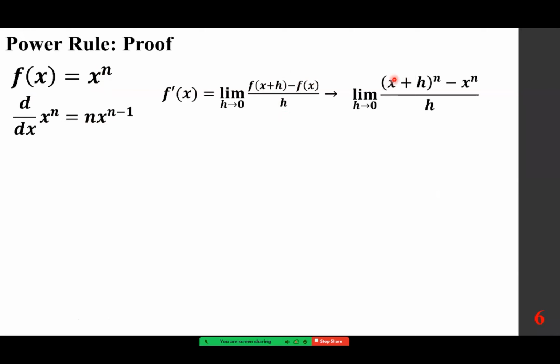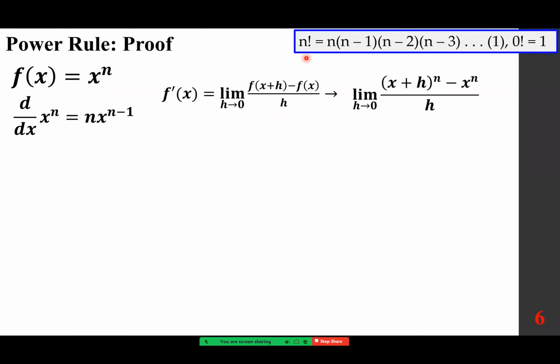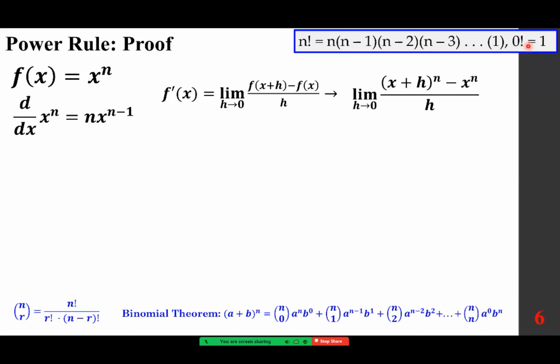Now what we want to do is expand that. I want to remind everybody of a couple of things. We discussed n factorial in algebra, which means n times n minus 1 all the way to 1, and 0 factorial equals 1. And we have the binomial theorem.